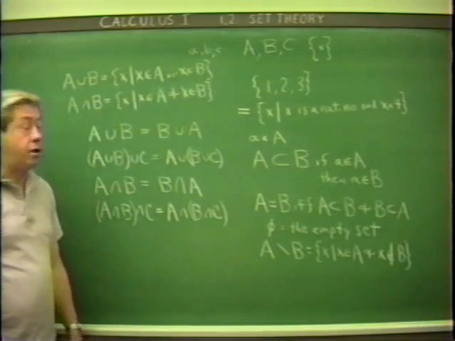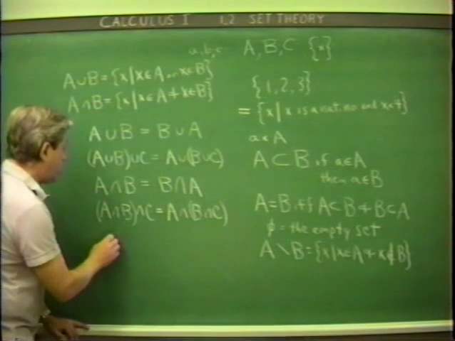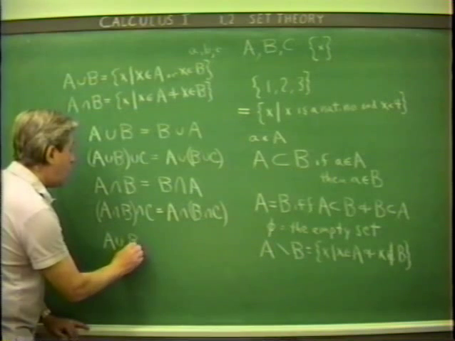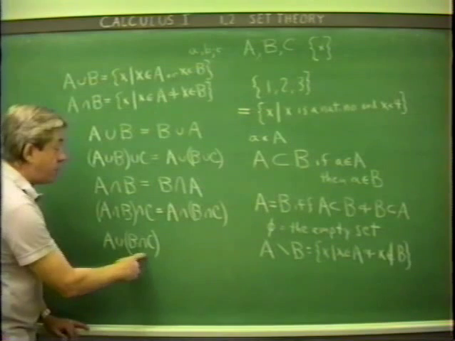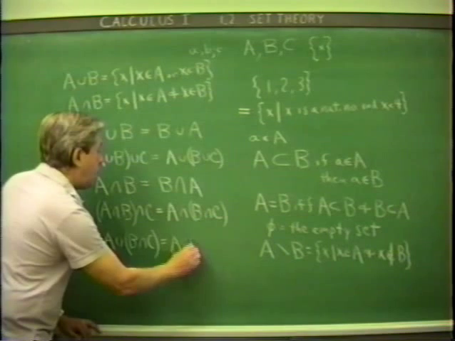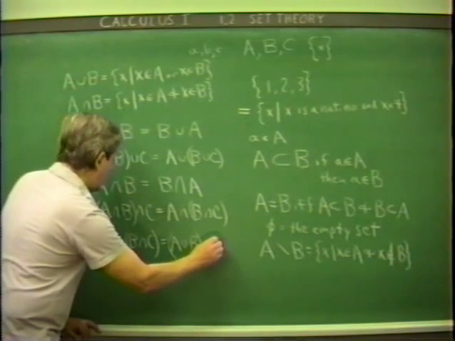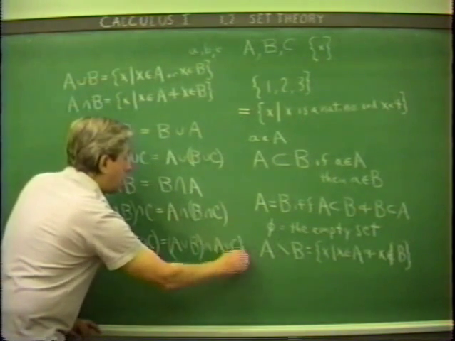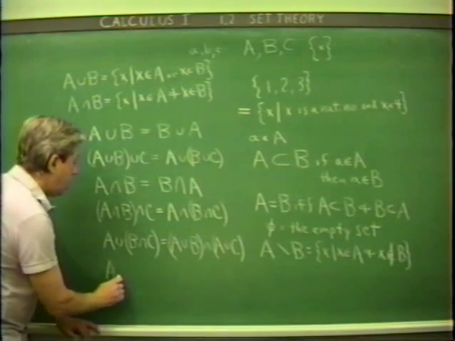Two additional laws which are somewhat interesting also hold. There's distributive laws, and they hold in both directions. That's to say, if we take A union B intersect C, and here the parentheses are necessary, this is the set A union B intersected with the set A union C. And the other direction also holds here.